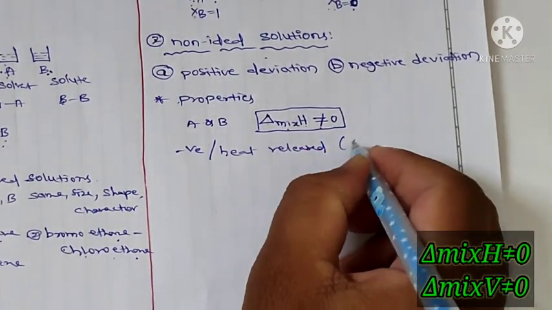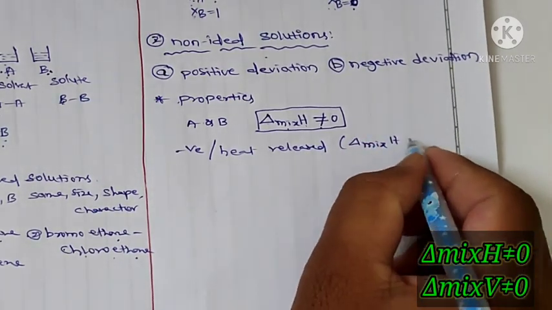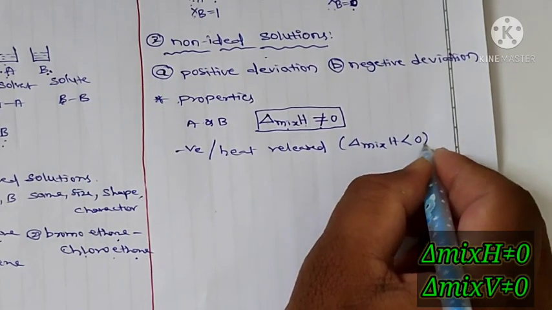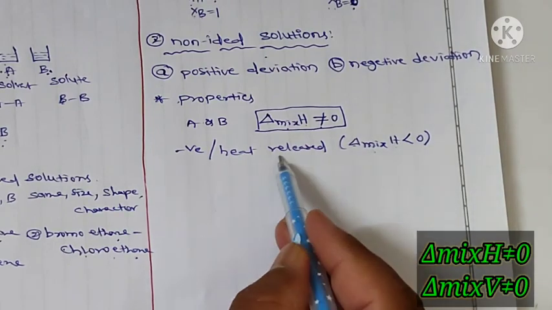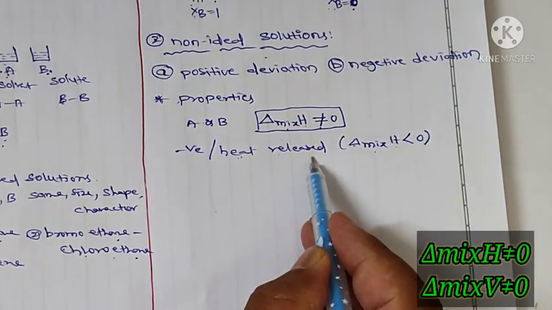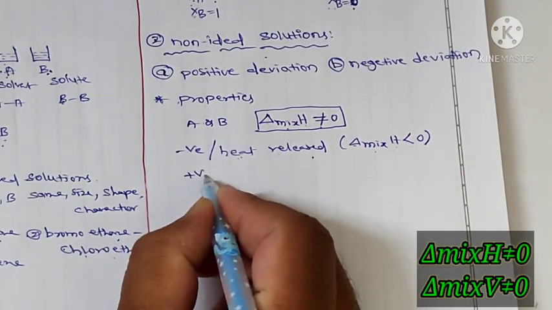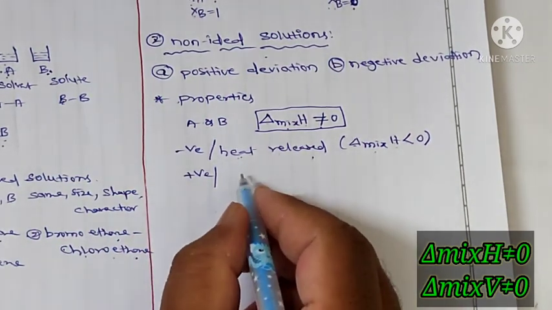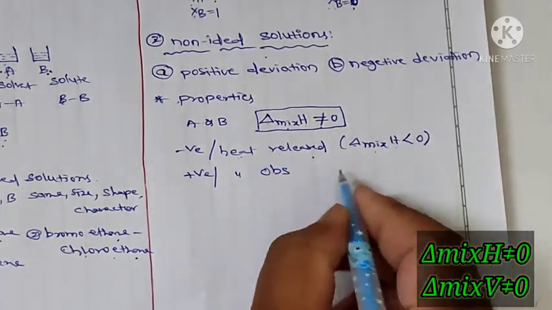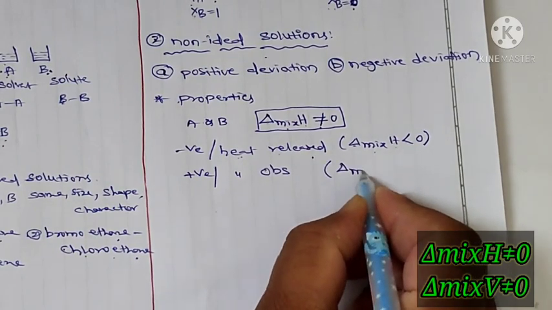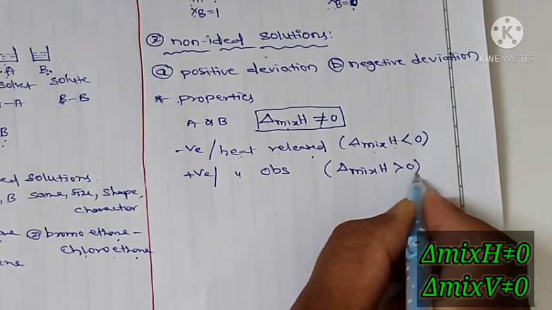Heat released means delta mix H is less than 0. Negative means delta mix H is less than 0, meaning heat released, or it may be positive, meaning heat absorbed. Heat absorbed means delta mix H is greater than 0.